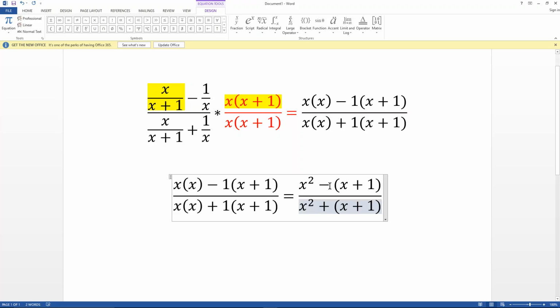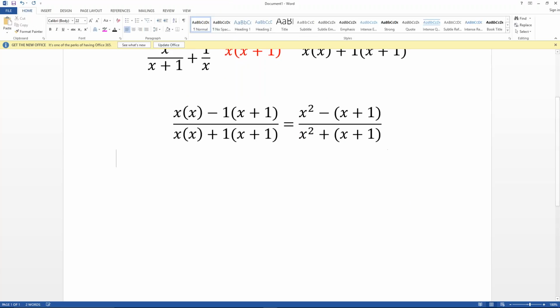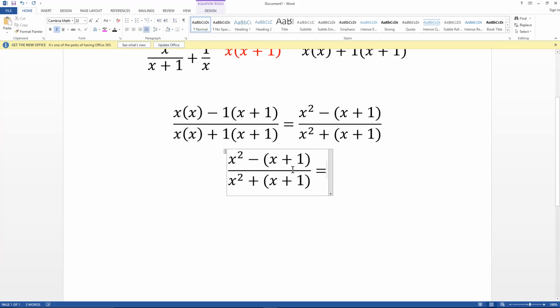Now, there's one more thing that I have to do. What is that? Don't you have to factor? No. It's not combine like terms. Distribute. It's not difference of squares either. No, it's not. It's distribute the negative at the top.